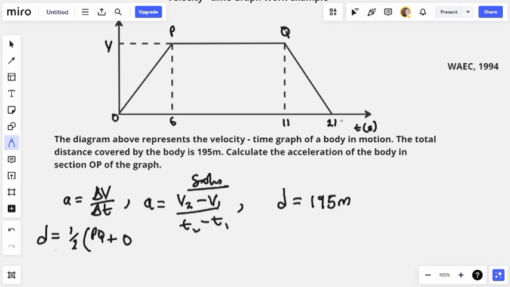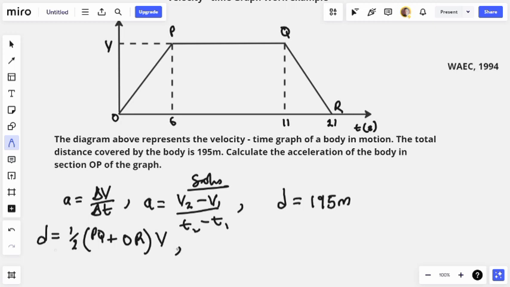If you call this place R, then OR, times the height. But the height in this case is represented by V, velocity, times V.